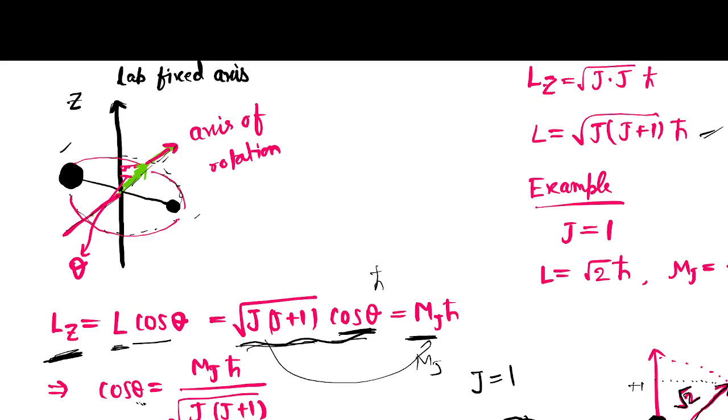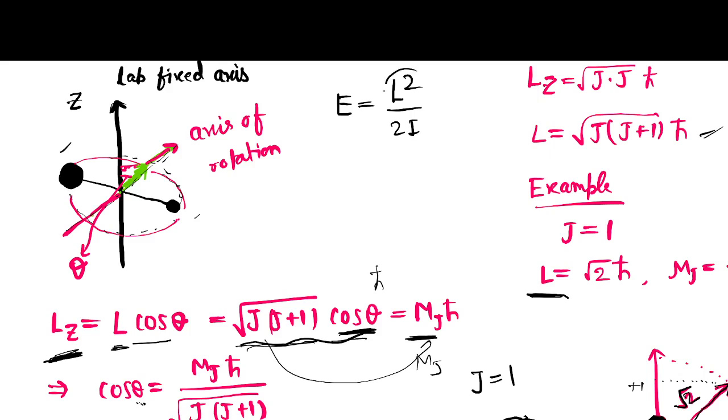Okay, see, there are three rotations possible, like there are three directions for the angular momentum, but all have the same magnitude. And this L is directly related to energy. We saw L square by 2I.